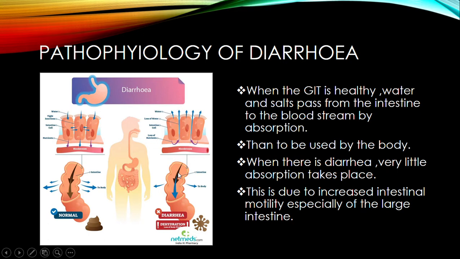So instead of water being absorbed into the body cells, it will move so fast that the body will fail to absorb this water into the cells. As a result, this water will be lost as diarrhea. This diarrhea will result in loss of body fluids and body electrolytes. And this is what will cause dehydration.